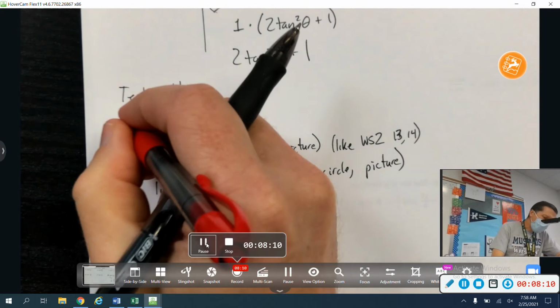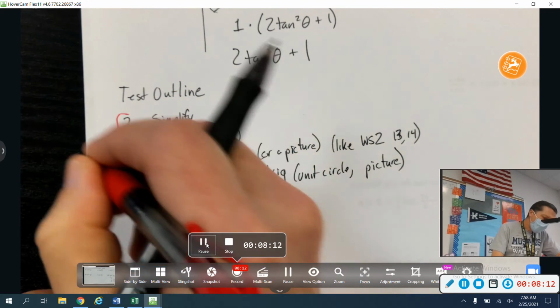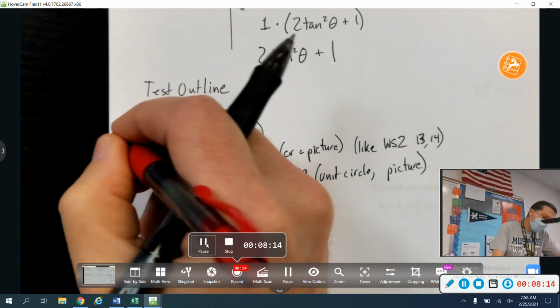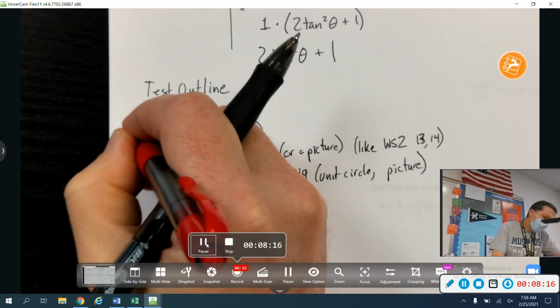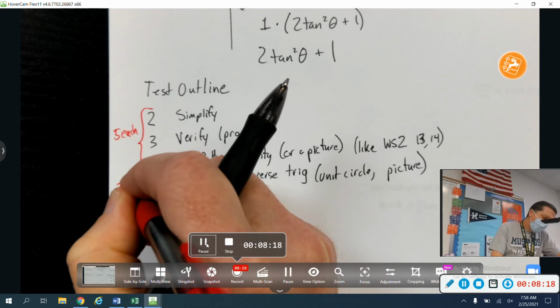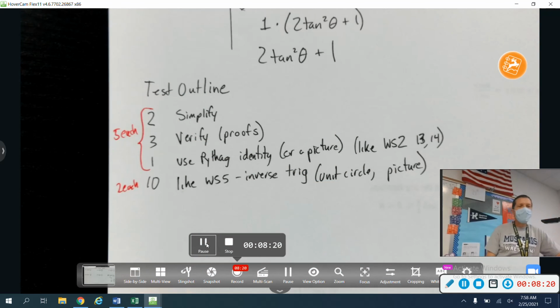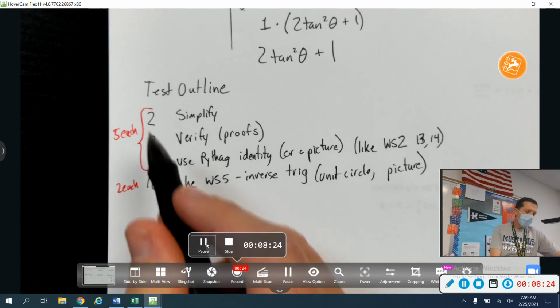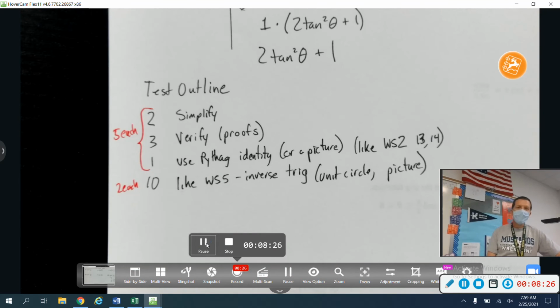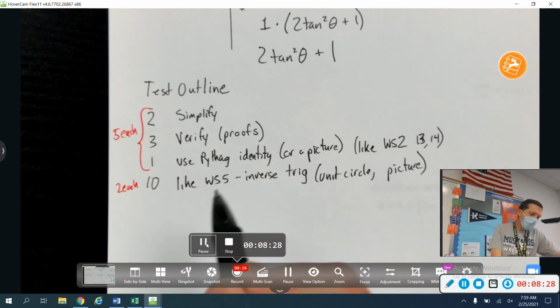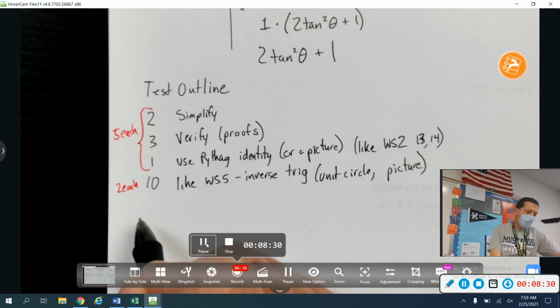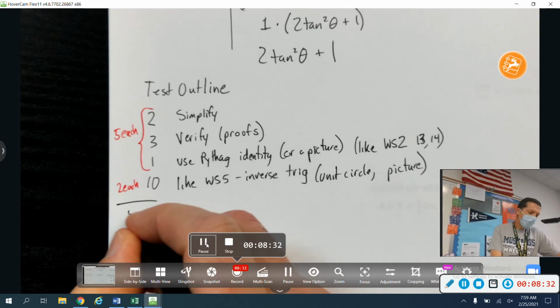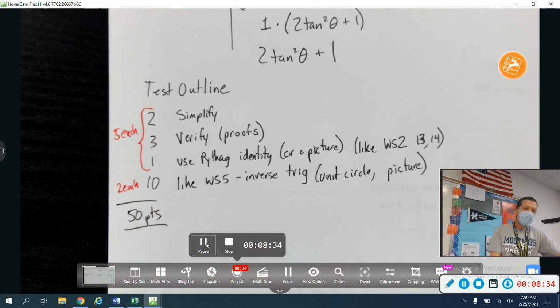Let's see, point-wise, these first 6 are 5 each. And then the last 10 are 2 each. Those go pretty quick. And those first 6 are a little more complicated. So you add all that up, 6 times 5 is 30, plus 2 times 10, 30 plus 20, gets you to 50 points.